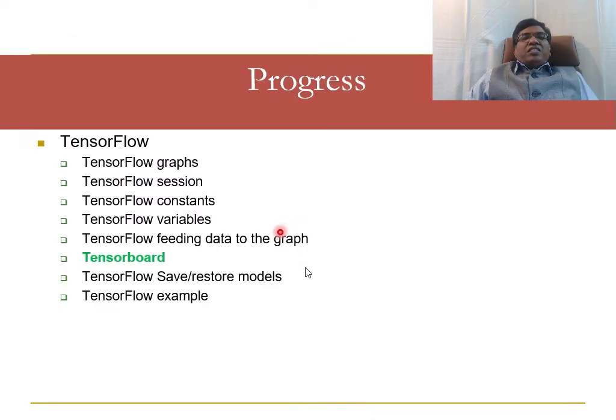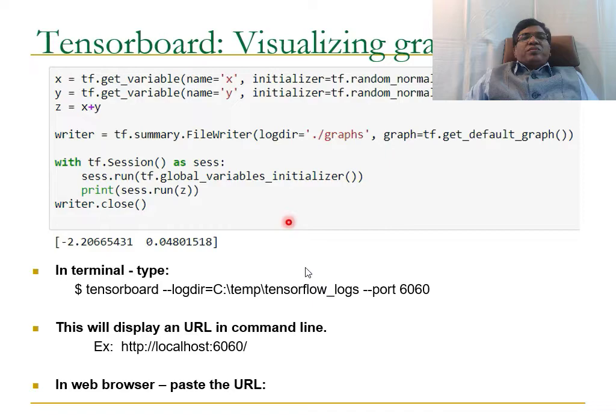We will see what TensorBoard is also. TensorBoard is used to visualize the graph. In this example, x and y variables are added and the result is stored in the z variable. The TensorBoard command has to be invoked from the command line.